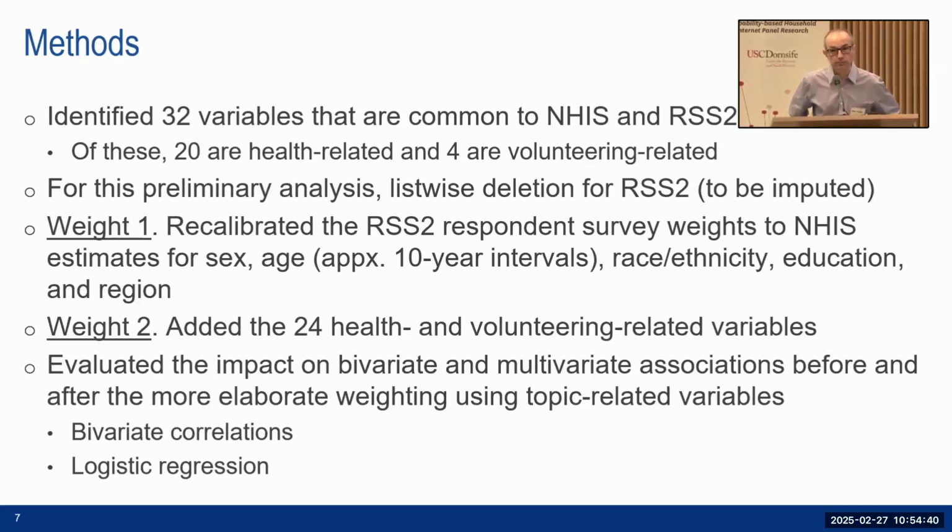And then weight 2 is this other kind of paradigm and taking a look at a very different approach to weighting, where you throw in all the Y variables that you could to calibrate your estimates. So that included the 24 health and volunteering and voting related variables.